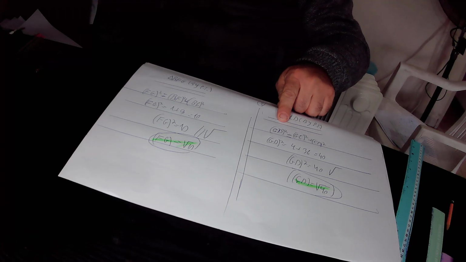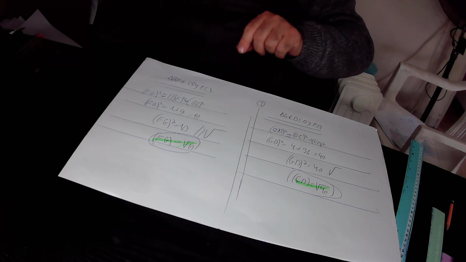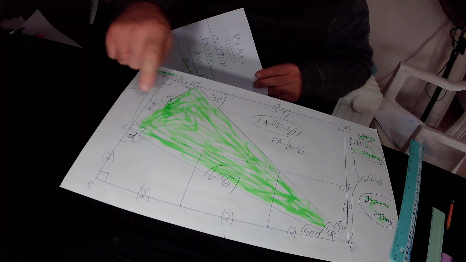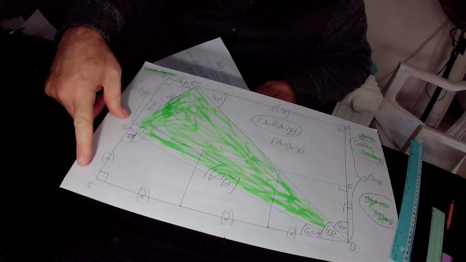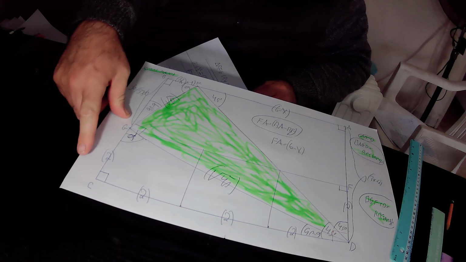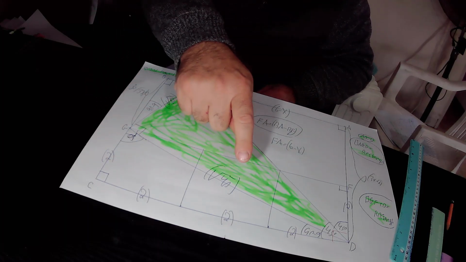GD is the missing hypotenuse, so GD squared equals GC squared. GC is 2, therefore GC squared is 2 squared, that is 4, plus CD squared. CD in total is 6, and therefore CD squared is 6 squared, that is 36.